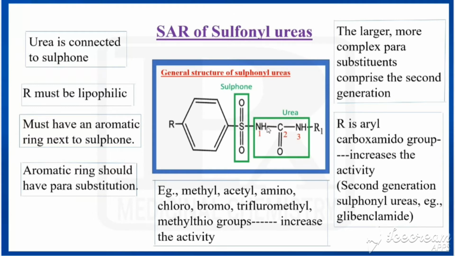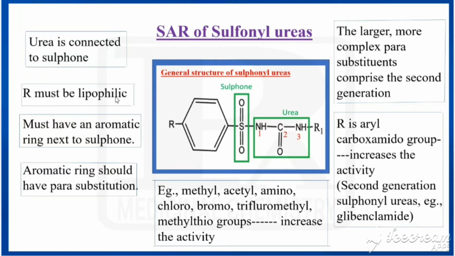So here the urea nucleus should be connected with the sulfone. This sulfone should be attached with an aromatic ring, so it must have an aromatic ring next to sulfone. And this aromatic ring should have a para substitution, that can be represented as R. How should the R be?